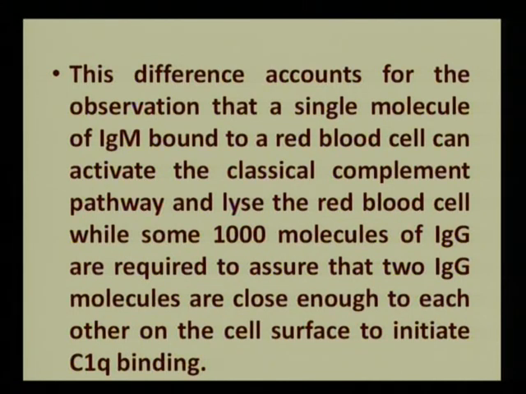This difference accounts for the observation that a single molecule of IgM bound to a red blood cell can activate the classical pathway and lyse the red blood cell, whereas almost 1000 molecules of IgG are required to assure that 2 IgG molecules are close enough to each other on the cell surface to initiate C1q binding.